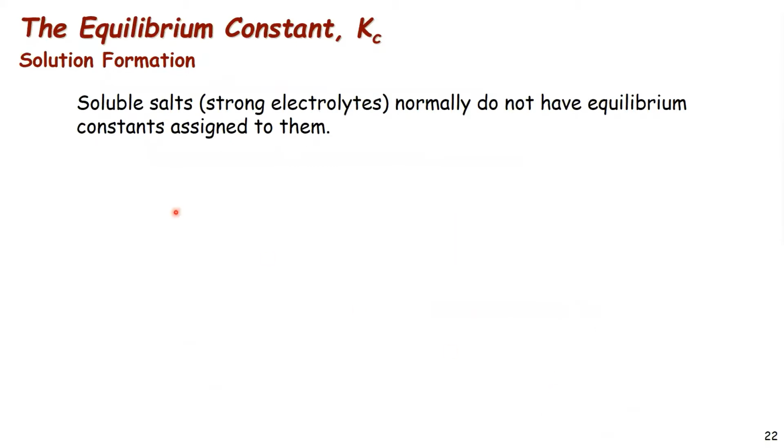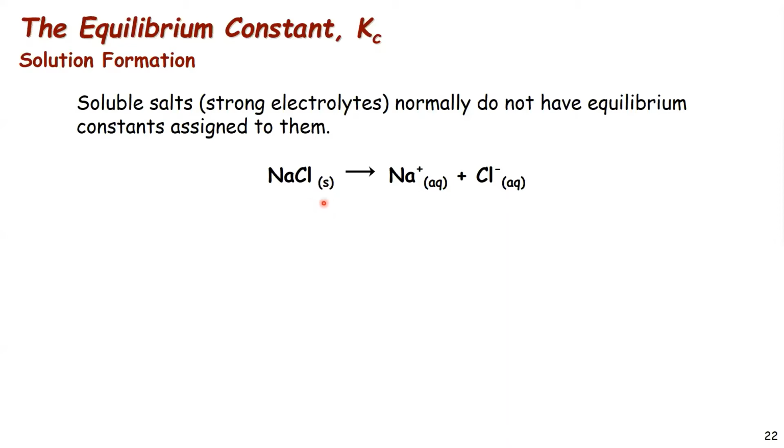Okay, so we know that soluble salts are strong electrolytes. And again, soluble only means that it dissolves in water. It doesn't mean strong electrolyte unless we're talking about salts, right? Soluble salts are strong electrolytes, and we normally don't give them an equilibrium constant because we basically assume that their K values are extremely large and it goes mainly to products. Sodium chloride is a prime example of that.